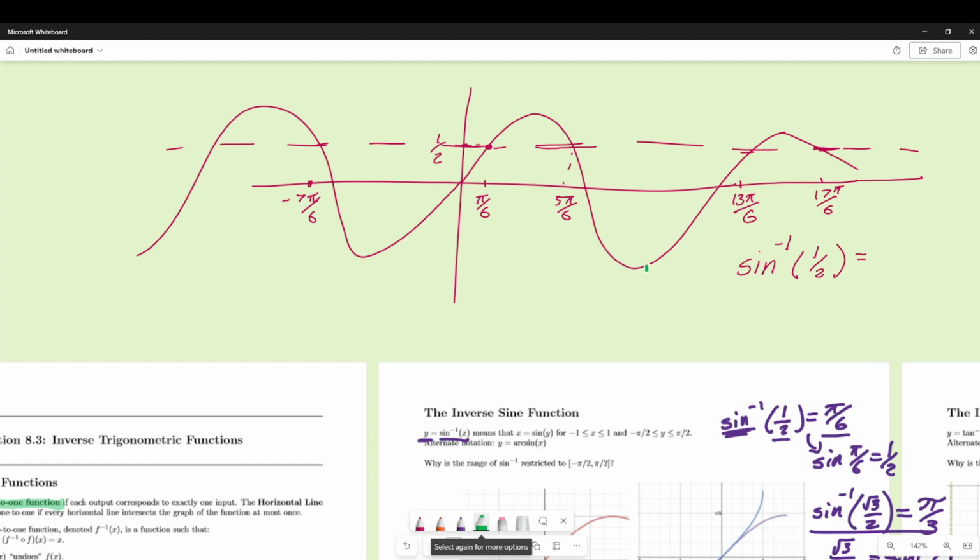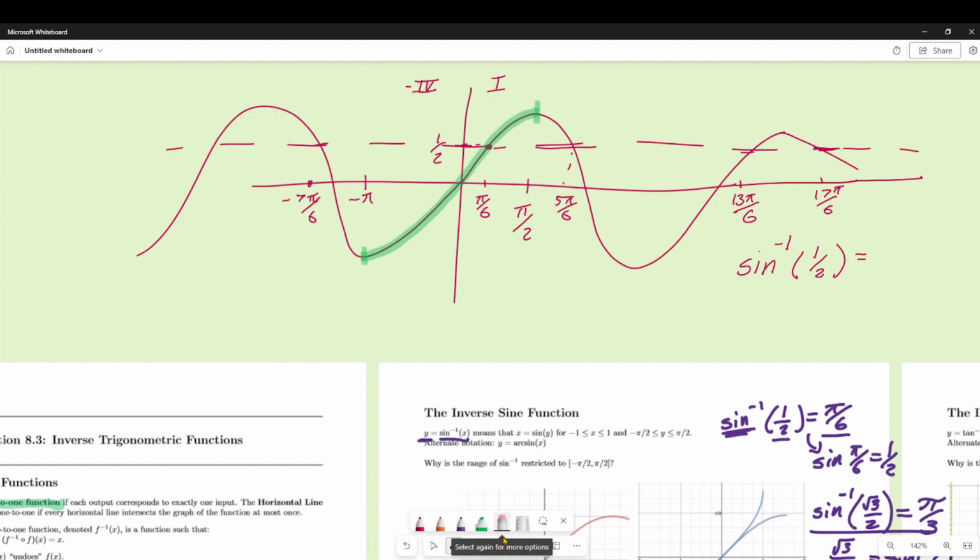And we could have done that in multiple different places if we wanted to, but the most useful and helpful place to do that is there. Is between pi over 2 and negative pi over 2. This is essentially in quadrant 1 and the negative version of quadrant 4.